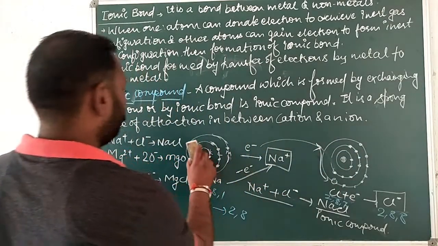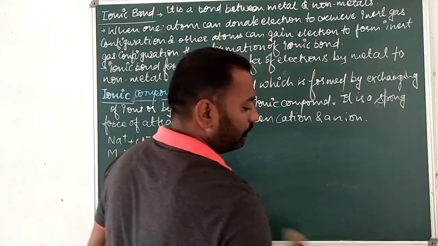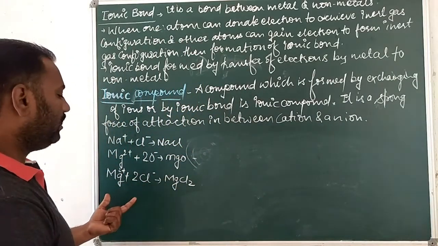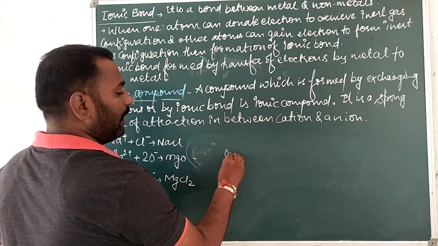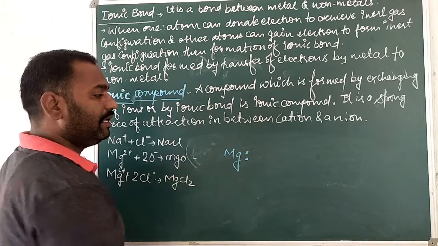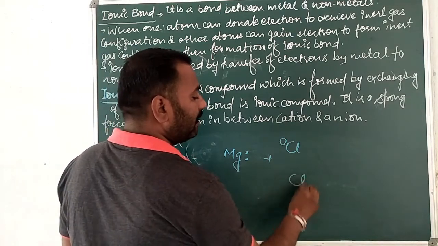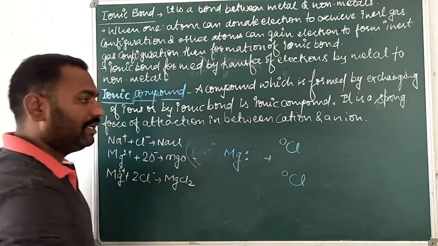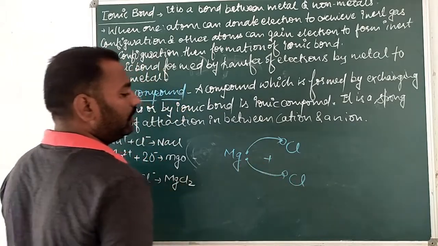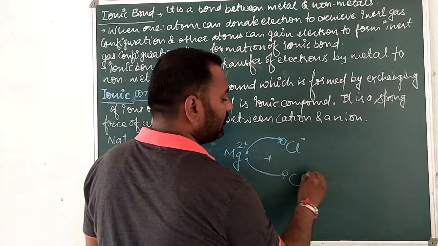And one more explanation I can give you, on how the atoms can form this reaction. Take Mg and 2Cl. Mg has two outermost electrons in its valence shell, and each Cl has one vacant place. One outermost electron goes to one Cl and one outermost electron goes to the other. Then Mg has a 2 plus charge, and each Cl is negative.